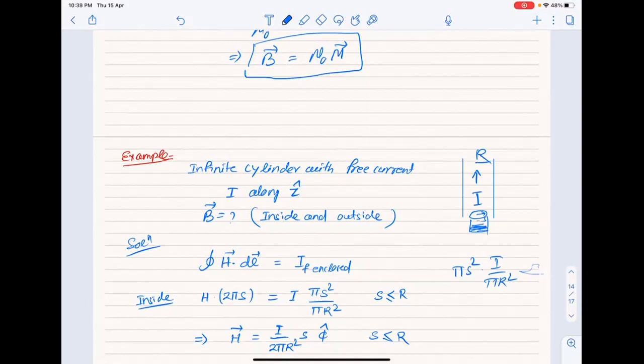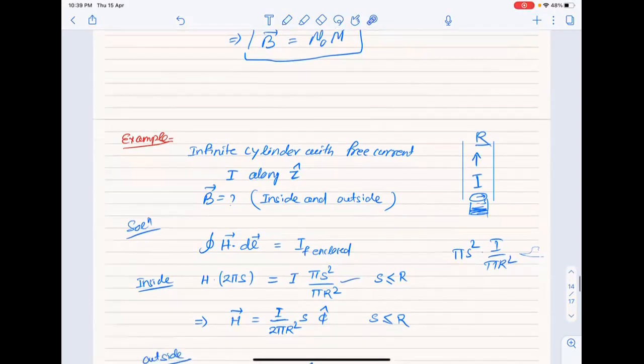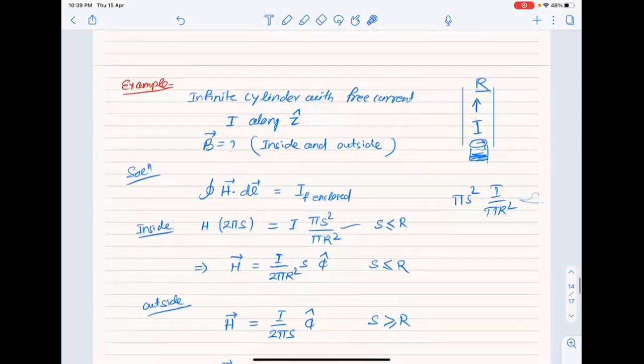So the current flowing through that area is pi S square multiplied by I divided by pi R square. And that's what I have written here. Then you do algebra there and you eventually find H is equal to I S over 2 pi R square phi cap. Okay, that's very intuitive to see.